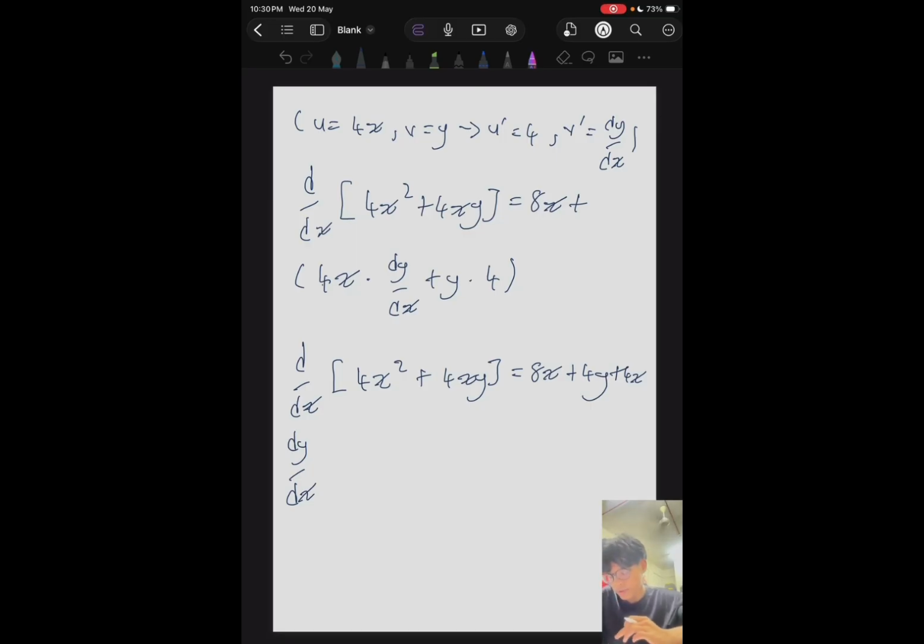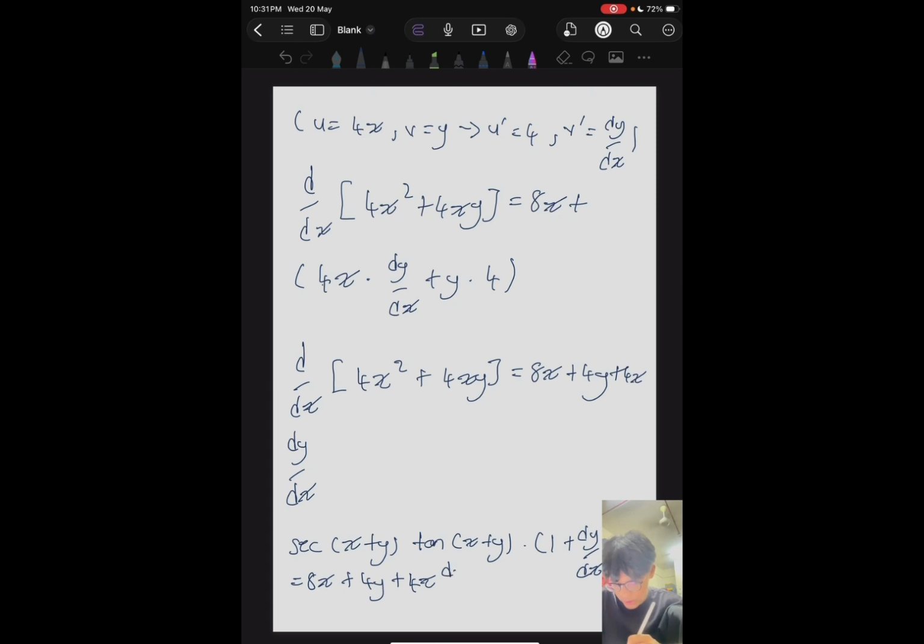We have to combine both sides into the main question now. So after we combine it's gonna be like this. sec squared (x plus y) times (1 plus dy over dx) is equal to x plus 4y plus 4x dy over dx.